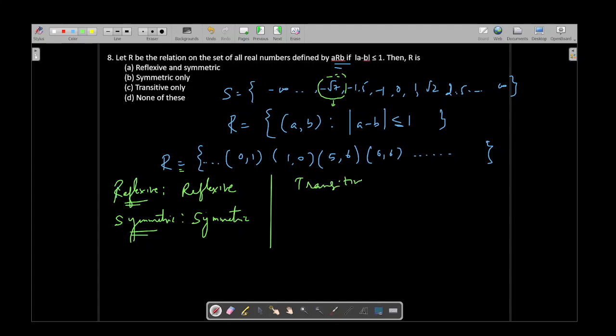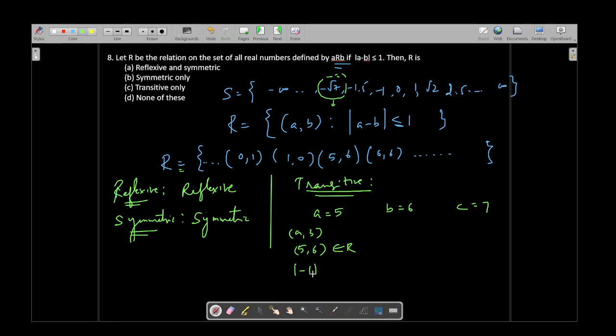For transitive, what I do is I take 3 elements A, B, and C. I'll take 5 and 6 here, 6 and 7 here. So A comma B is 5 comma 6. 5 comma 6 clearly is a member of R because 5 minus 6 is minus 1.